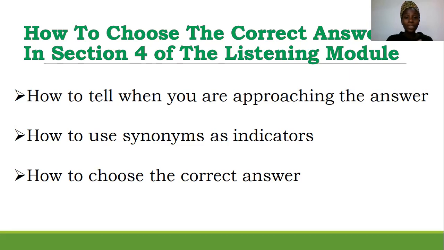Let me recommend that the number one highly recommended materials you should be using when practicing for the IELTS examination, whether the general training or the academic training, is the Cambridge materials. The examples that I will be using in this video have been taken from the Cambridge materials.